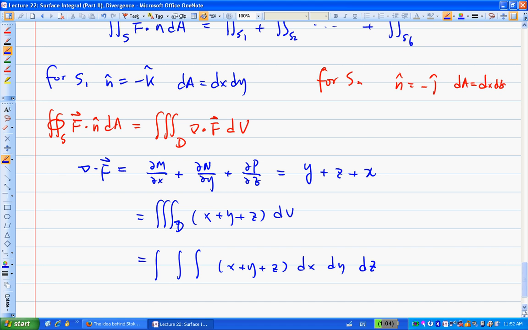But this is a very neat cube, so the coordinates for x, y, z are all going from 0 to 1. The integral itself is not that complicated either. In the end, you get 3 over 2. So it's a positive flux out of this box. So that's the divergence theorem.